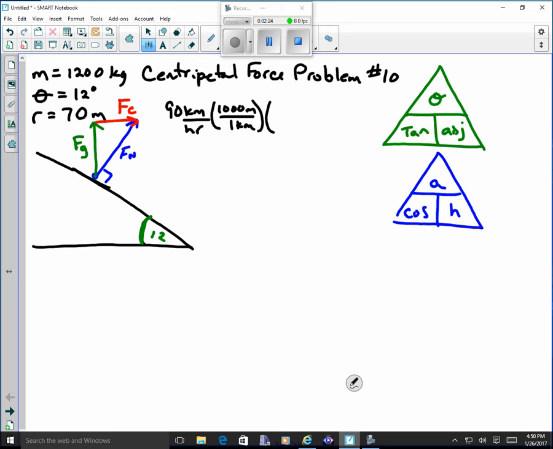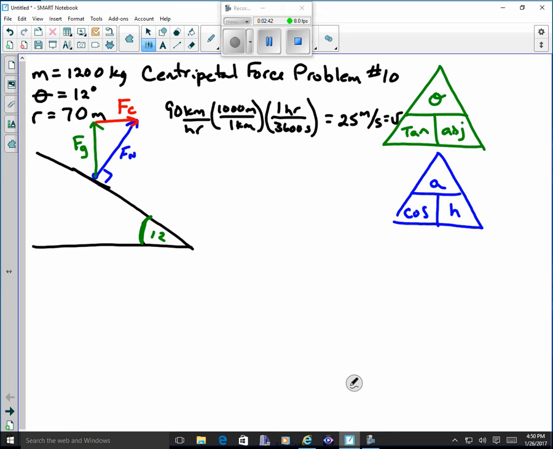In 1 hour, there are 3,600 seconds. If you multiply that out, you get a speed of the car somewhere in the general vicinity of 25 meters per second. So that's going to be my velocity, V.